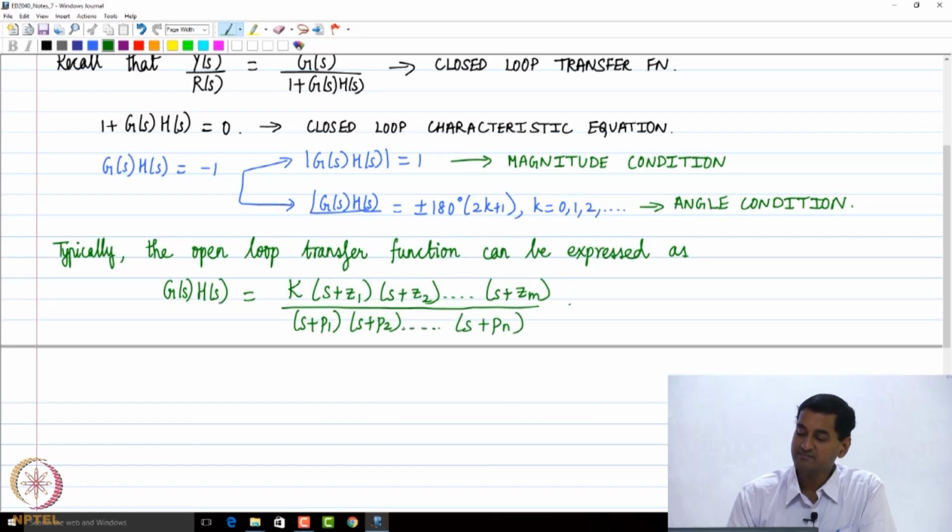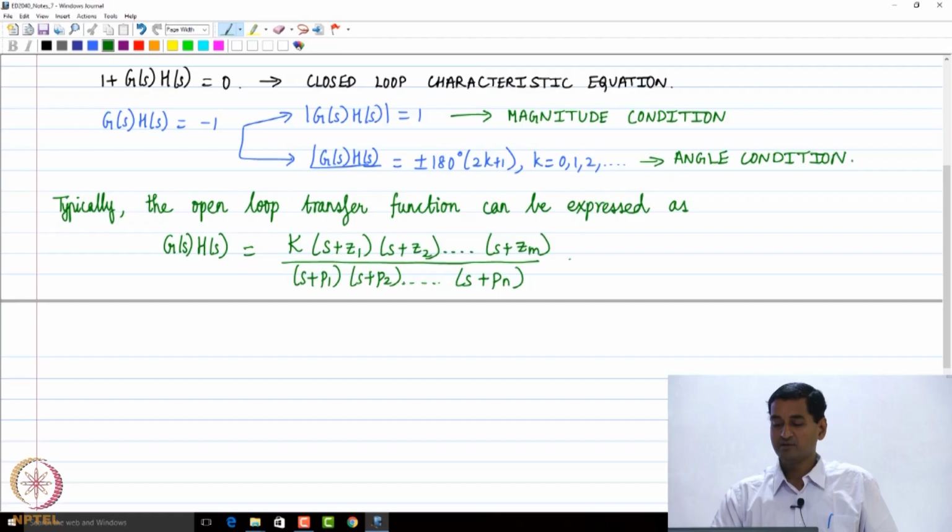So, K being some constant, a real number, and -z1 through -zm are the open loop zeros, right, and -p1 through -pn are the open loop poles, right. So, that is something which we already know.